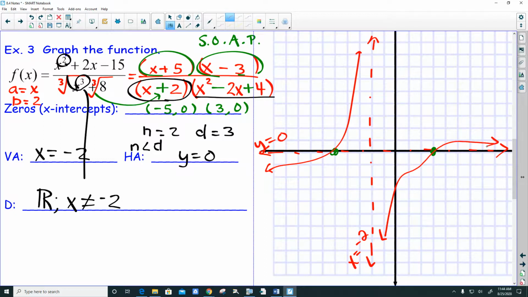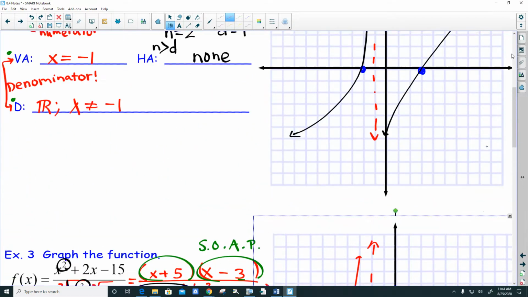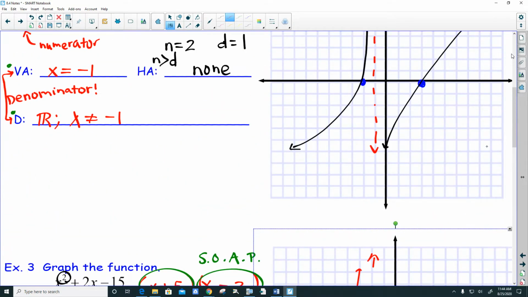And here's a case where I was saying that the graph actually does pass over this horizontal asymptote, but it only does it kind of in the middle section of the graph. Okay, so horizontal asymptotes are a little bit more lenient than vertical asymptotes. Okay, that brings this particular video to a close. Just do the best you can on those problems on worksheet 8.4a, and we'll reconvene on the next video.